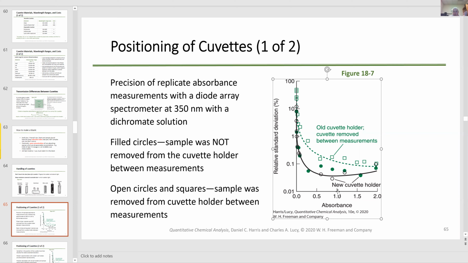You go to an absorbance of 1, and the transmittance is now 10% or 0.1. Then you go all the way out to 2, and now the transmittance is 1% or 0.01, right? And then as you go out to 3, it'll be 0.001 or 0.1%.